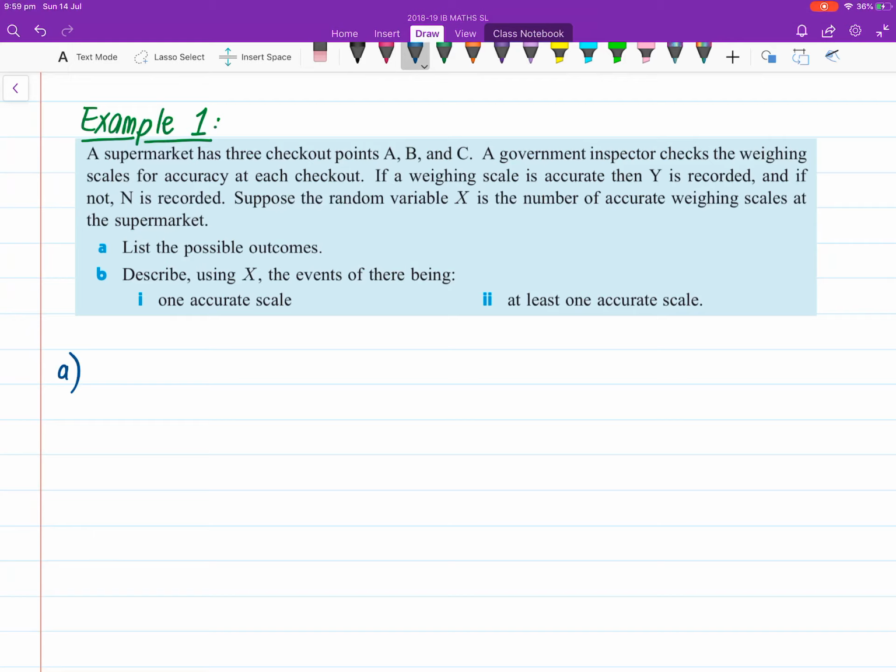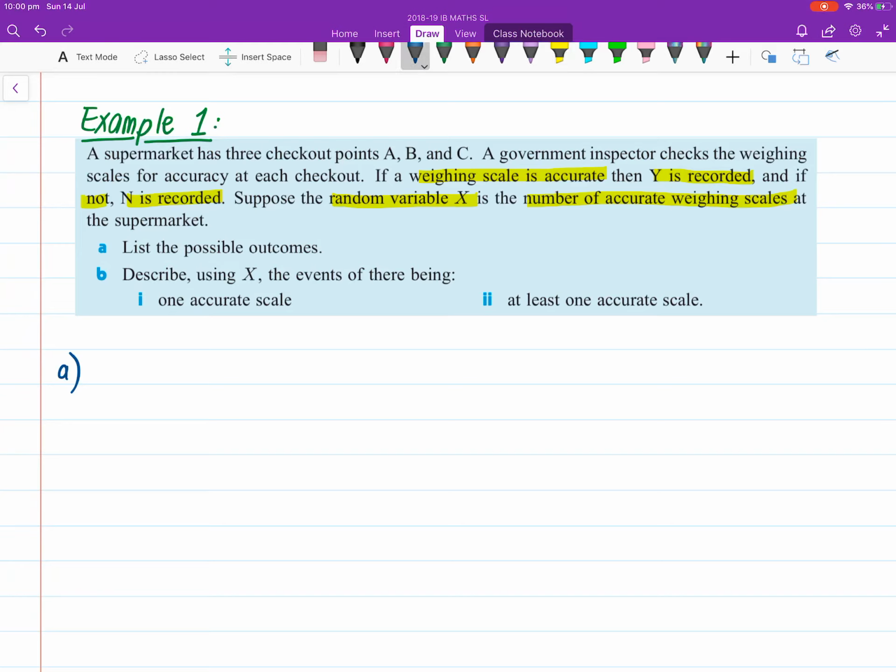So we have to write this out a little bit. It might be easy if we do it in a table. Now let's go back and highlight some information. If the scale is accurate, Y is recorded. If it's not, N is recorded. Now your random variable X is the number of accurate weighing scales.